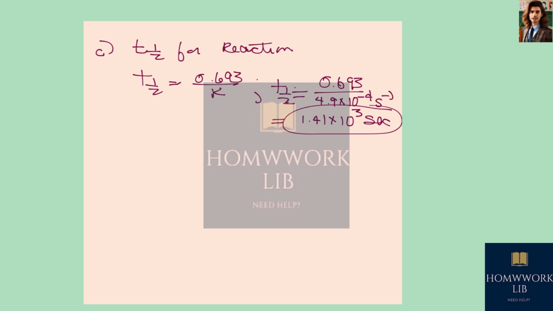How long does it take for the absorbance to fall to 0.100? And again, we're going to start with the same equation we started on one. I'll write it down again because it's been a little bit.